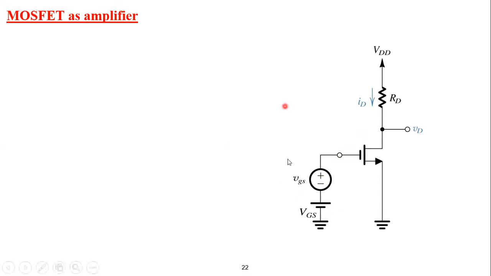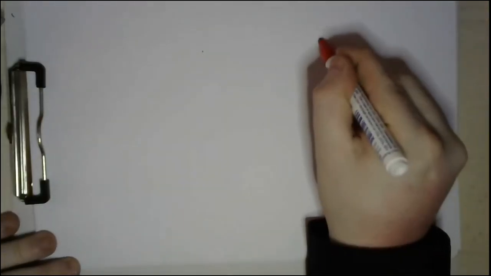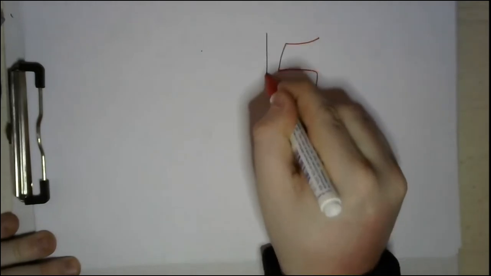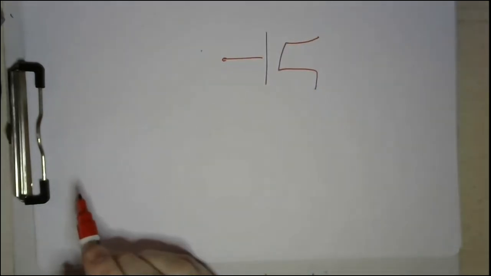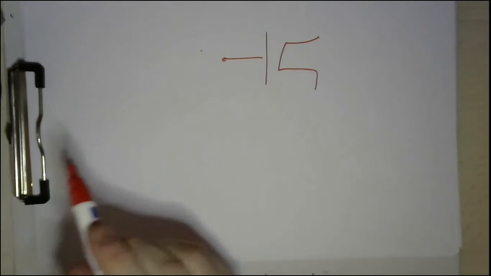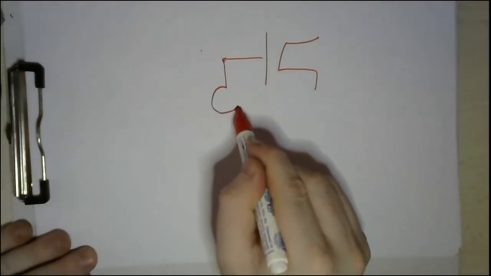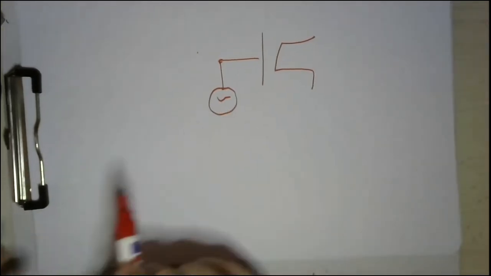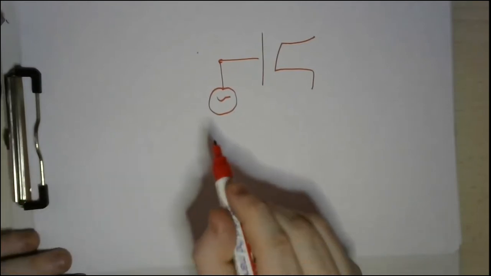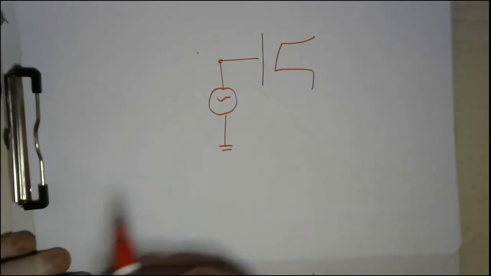So let's make it in another way. This is our MOSFET gate, and we have assumed first that we are connecting an AC source that looks like that.